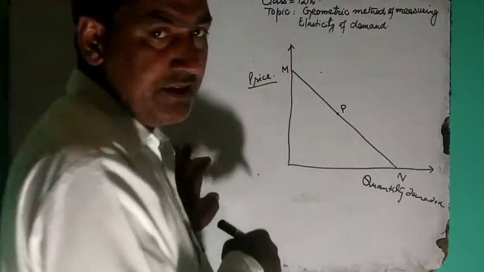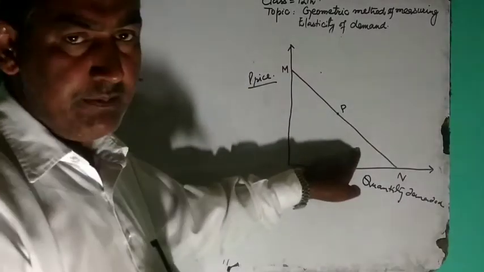P divides the demand curve MN into equal parts.